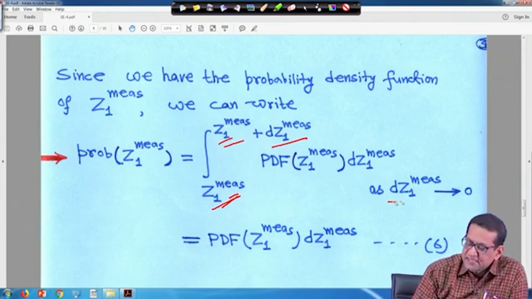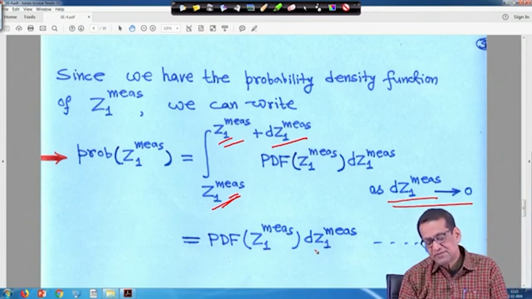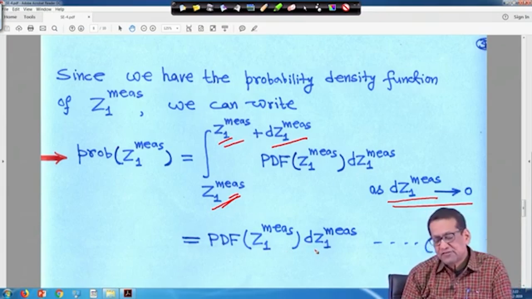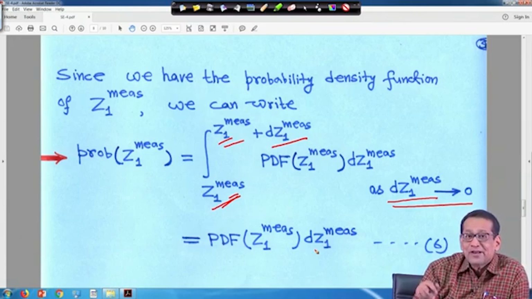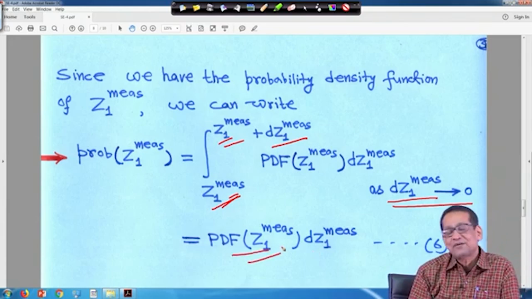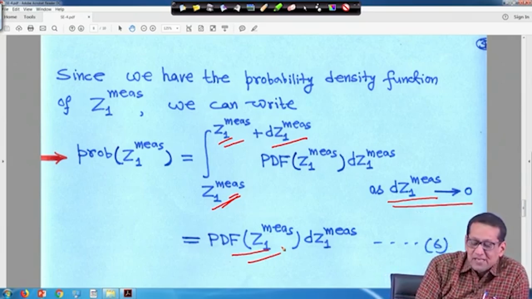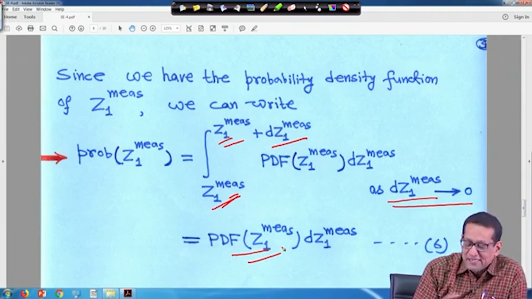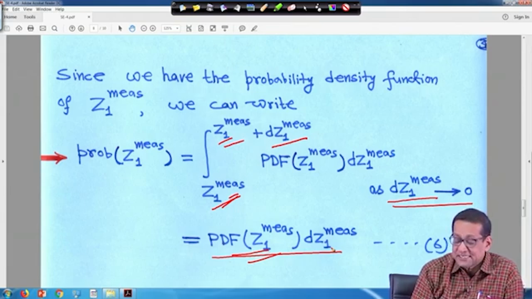As D Z1 measure tends to 0, you can write PDF Z1 measure into D Z1 measure, because D Z1 measure is a very small thickness. I suggest you go to the graph and find out how things are happening, but you have studied this in your probability studies. So, this can be written as PDF Z1 measure into D Z1 measure. This is equation 6, right.